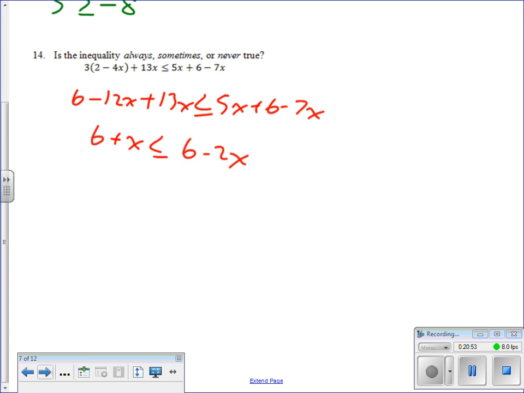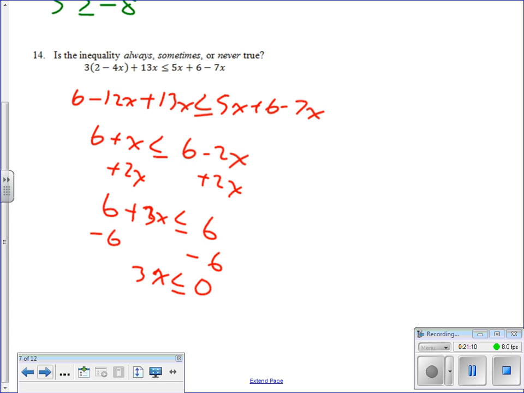If I were to continue, add 2x, 6 plus, or sorry, plus 3x is less than or equal to 6. I could keep going, so I'll just subtract 6. 3x is less than or equal to 0. Divide both sides by 3.